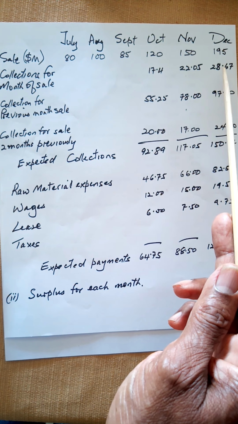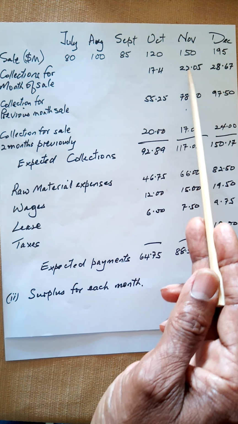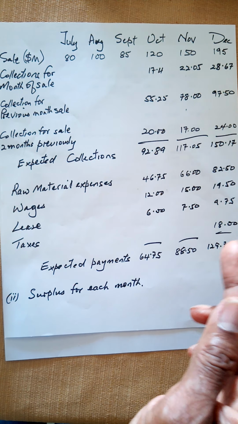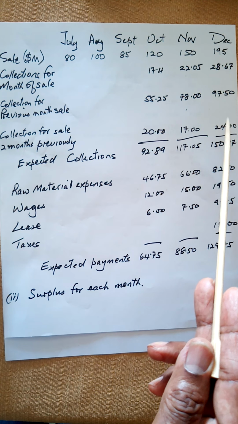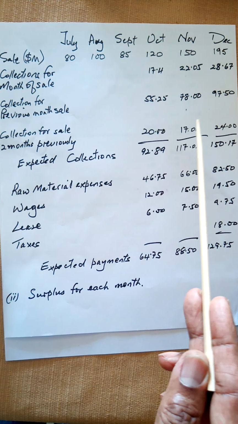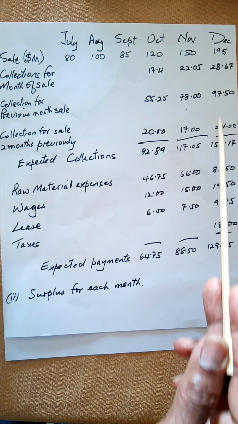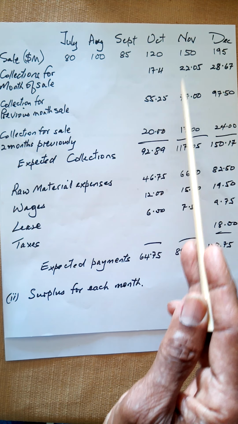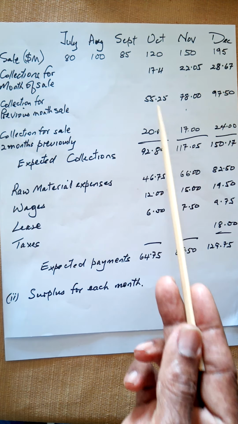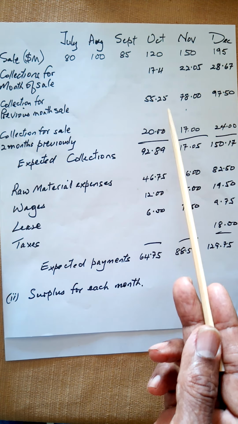December, same thing. We'll collect 65% of November's sales in December, which is the month after the month of sale. And we'll collect 20% of October's sales in December, because December is the second month after the month of October sales. So this is the collections.